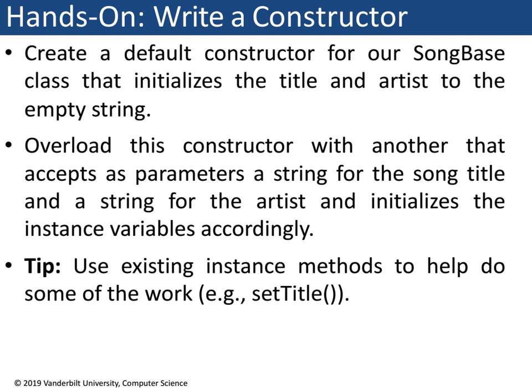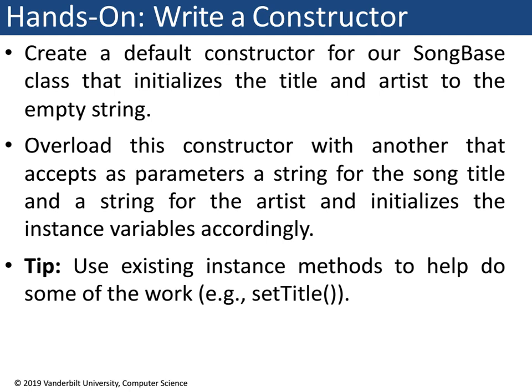Then we're going to further overload the constructor. So we're going to add another constructor that has the same name, and we're going to have a different parameter list so Java can tell them apart. And in this one, we're going to accept as a parameter a string for the song title and a string for the artist, and automatically set or initialize the variables accordingly.